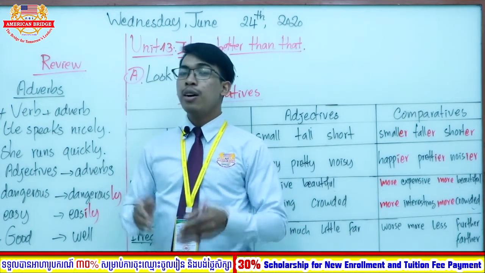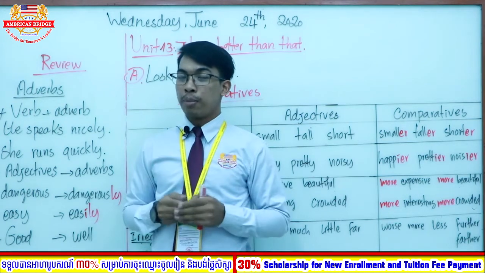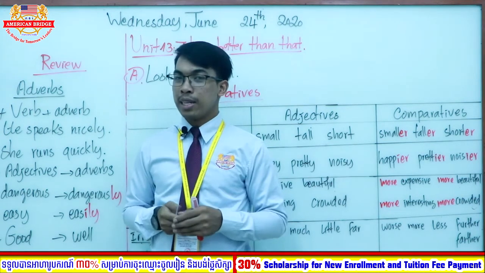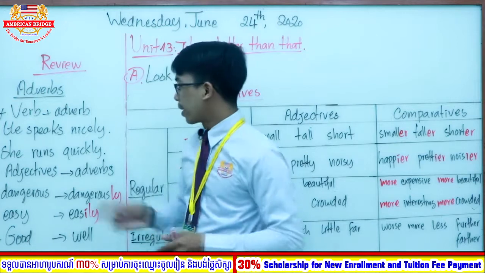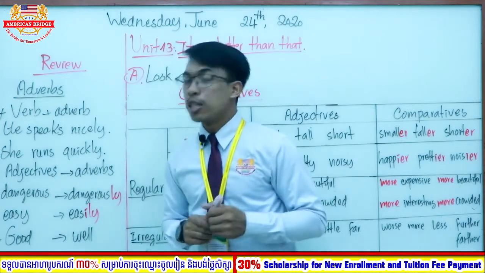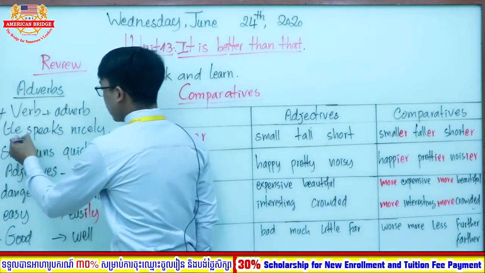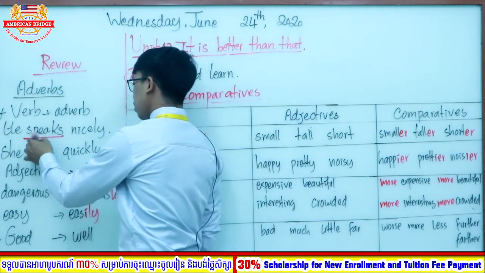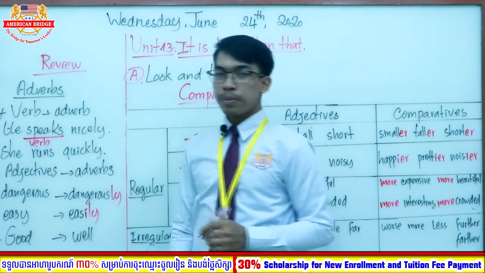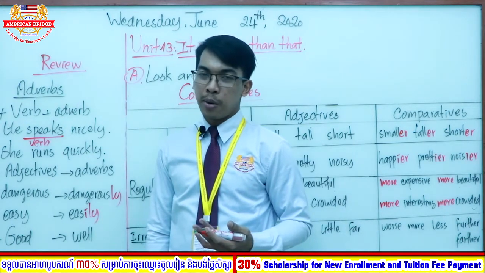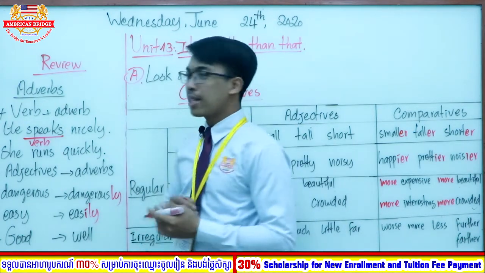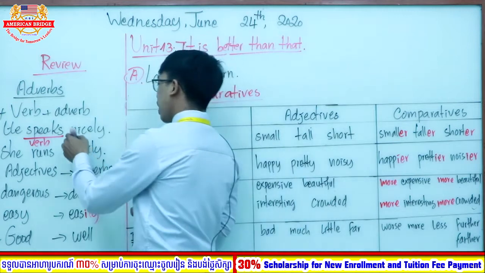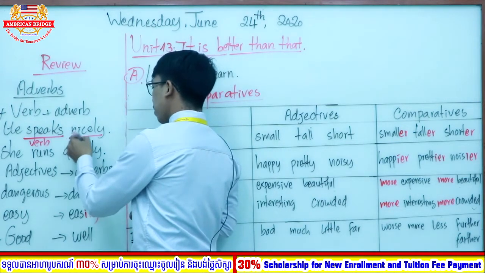Where is the verb and where is the adverb in the sentence? Yes, very good. The word speaks is the verb. Where is the adverb in the sentence? Very good. The word nicely. Nicely is an adverb, right?